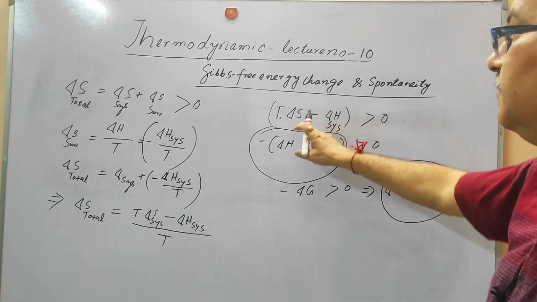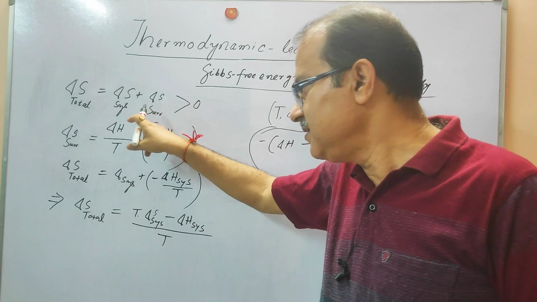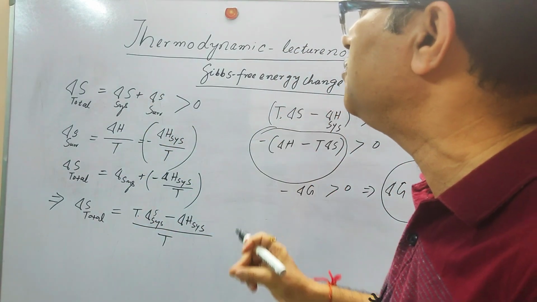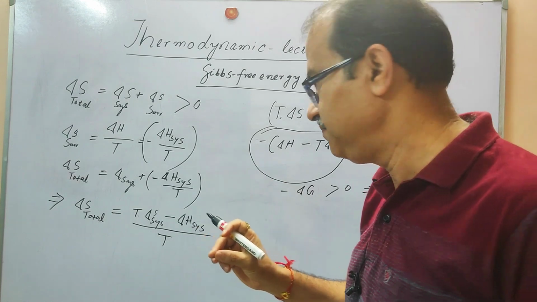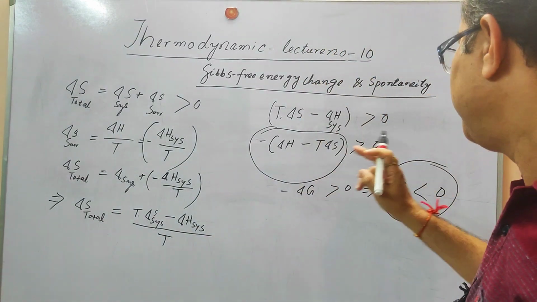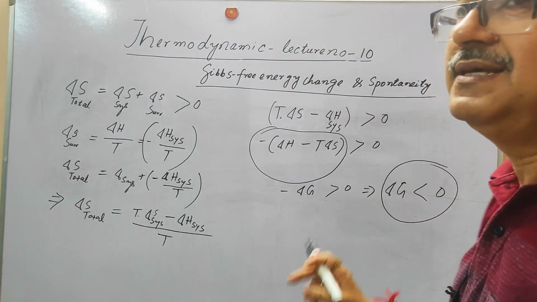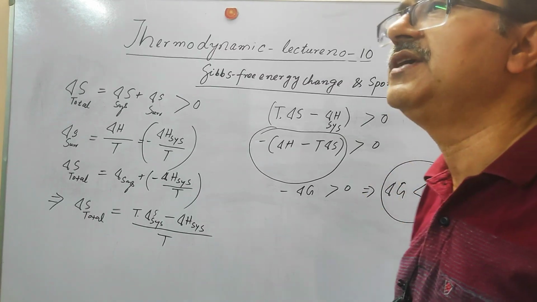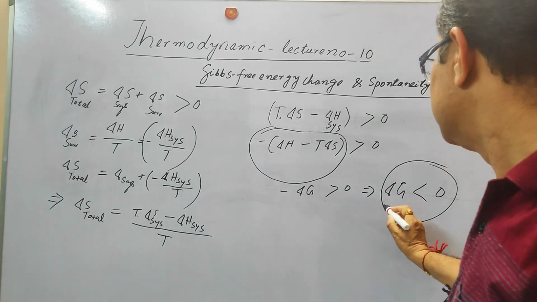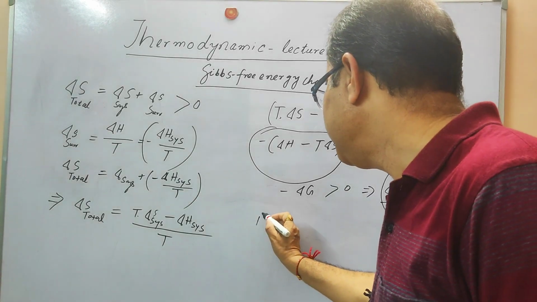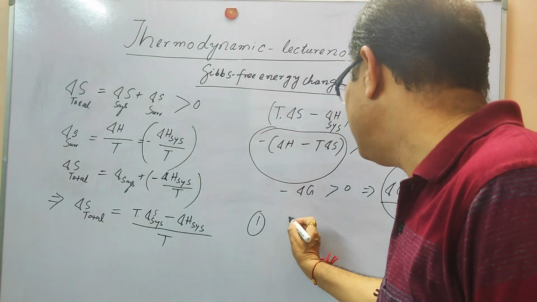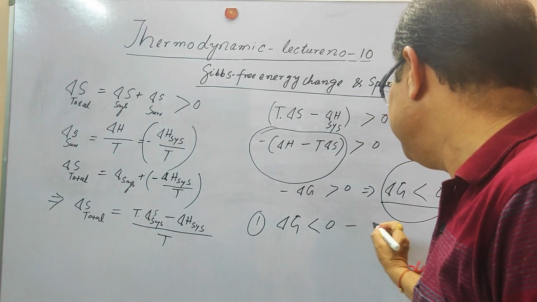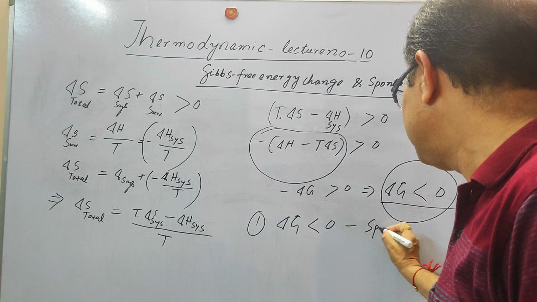So when the surroundings and the system have an entropy change greater than 0, at that time it will be spontaneous. At the same time, we find that delta G, the Gibbs free energy change, will be negative. At that time we say this is a spontaneous reaction. So the very important conclusion: when delta G is less than 0, the reaction is spontaneous.